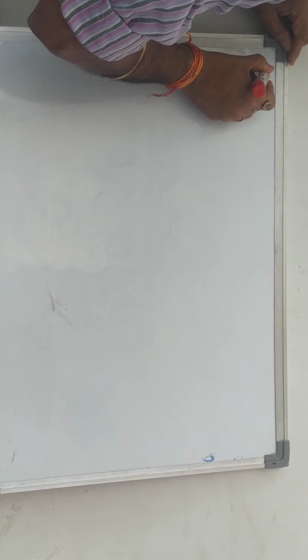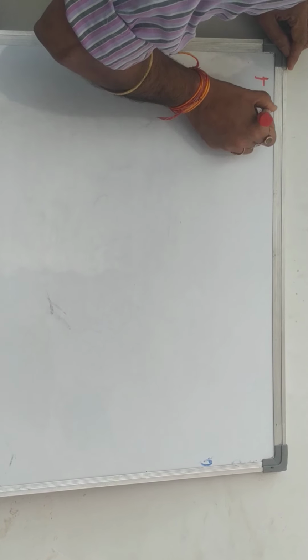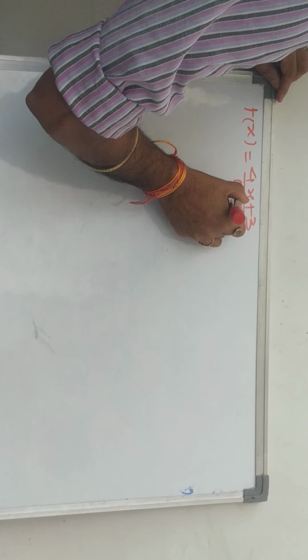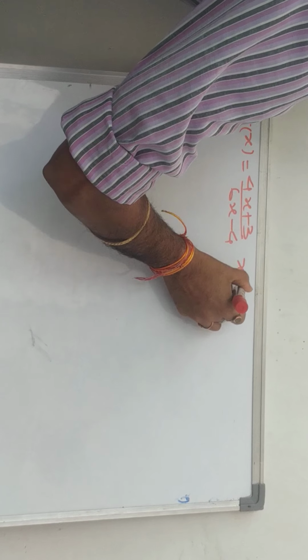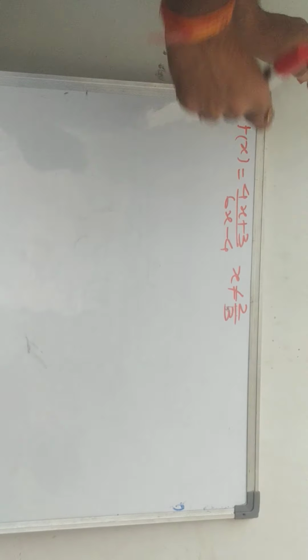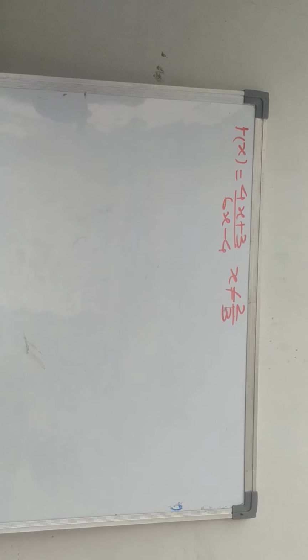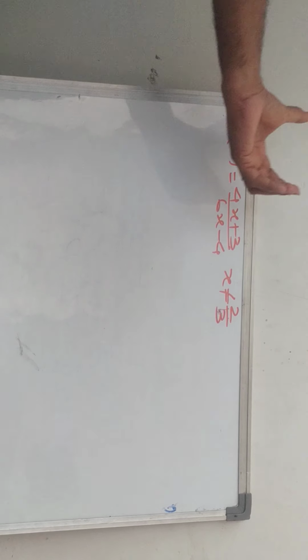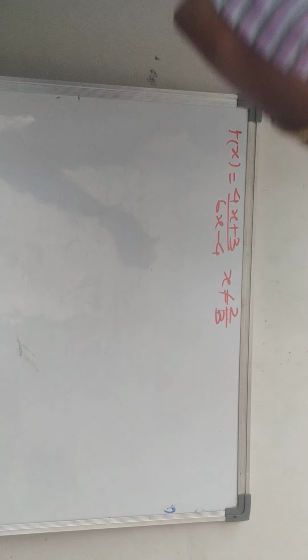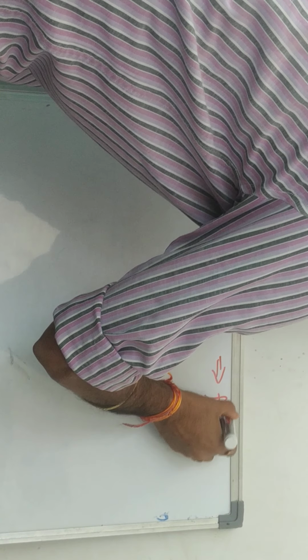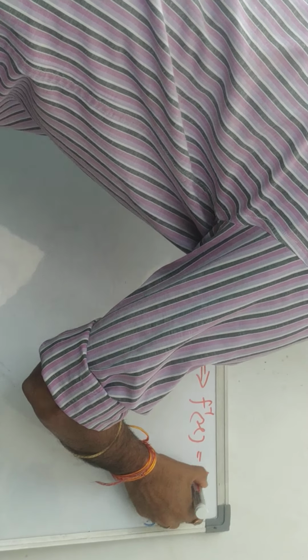If f(x) is equal to 4x plus 3 upon 6x minus 4, where x does not equal 2 by 3, then prove that the inverse of f(x) is also equal to f(x). Prove that f inverse x is also equal to f(x).